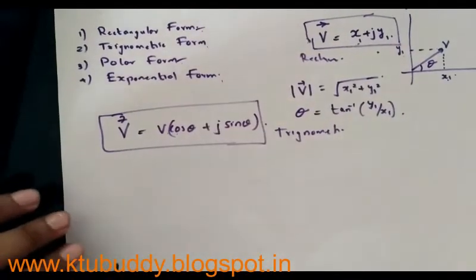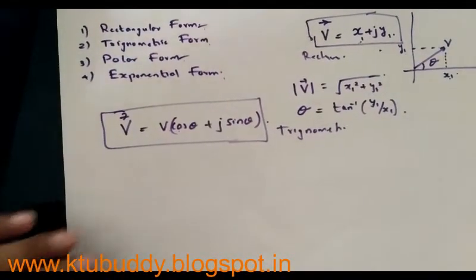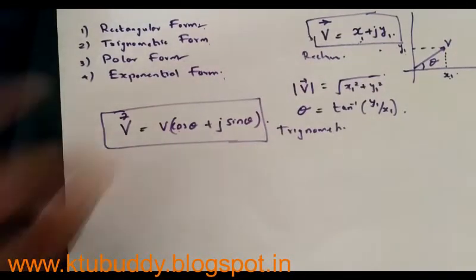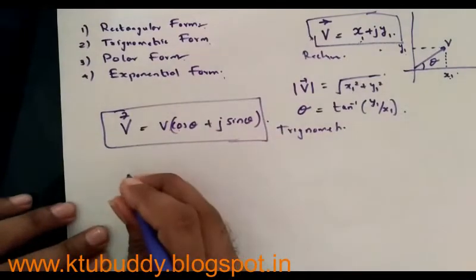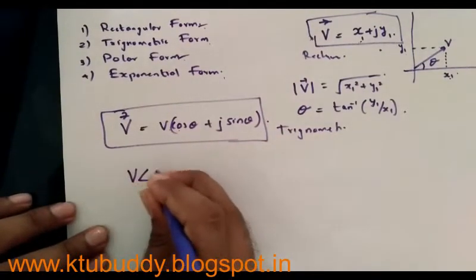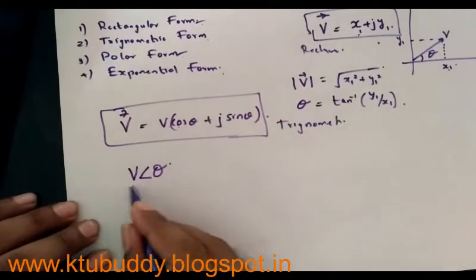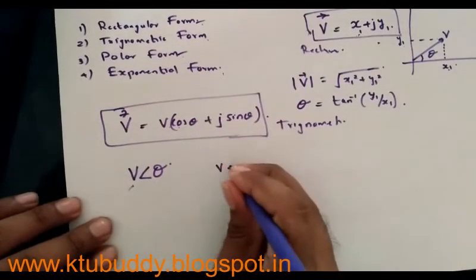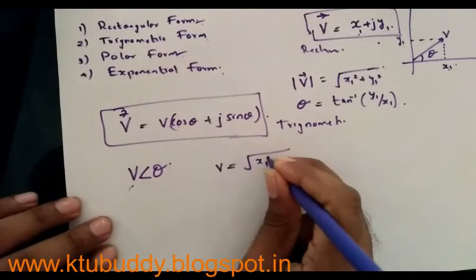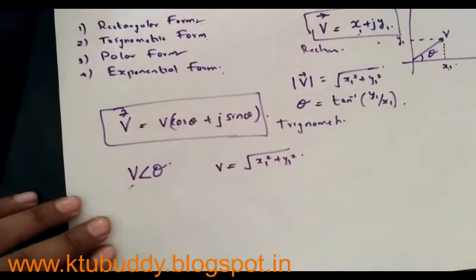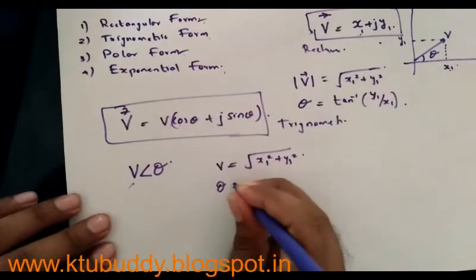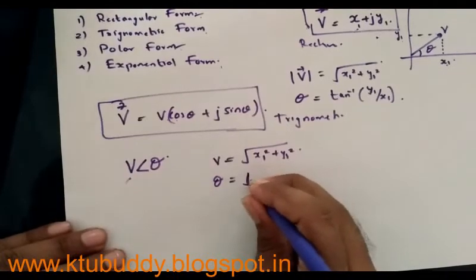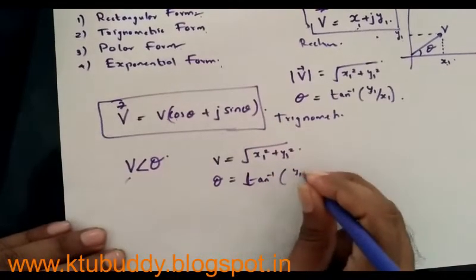Next one, what do you mean by polar form? Polar form is nothing but representing the vector with its magnitude and its angle with the x-axis. That is, simply, polar form can be represented as v angle theta, where v is the magnitude of the vector given by v equal to root of x1 square plus y1 square, and theta is the angle which the vector makes with the x-axis, that is tan inverse y1 by x1.